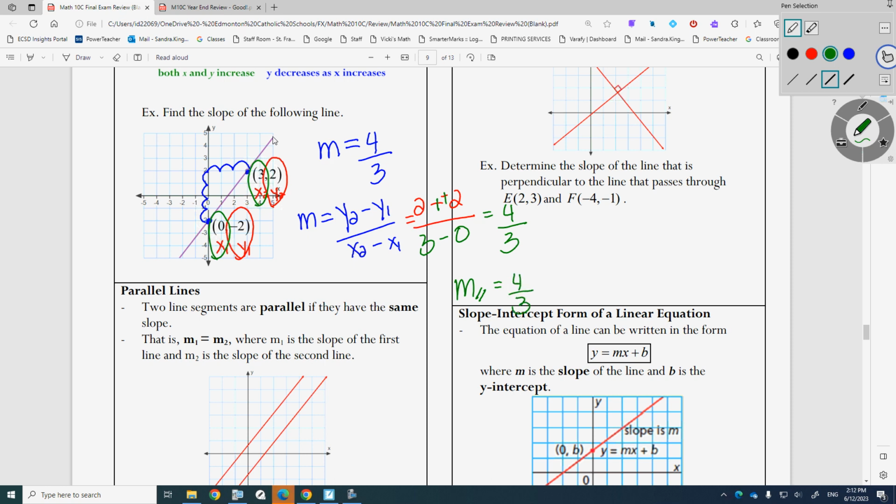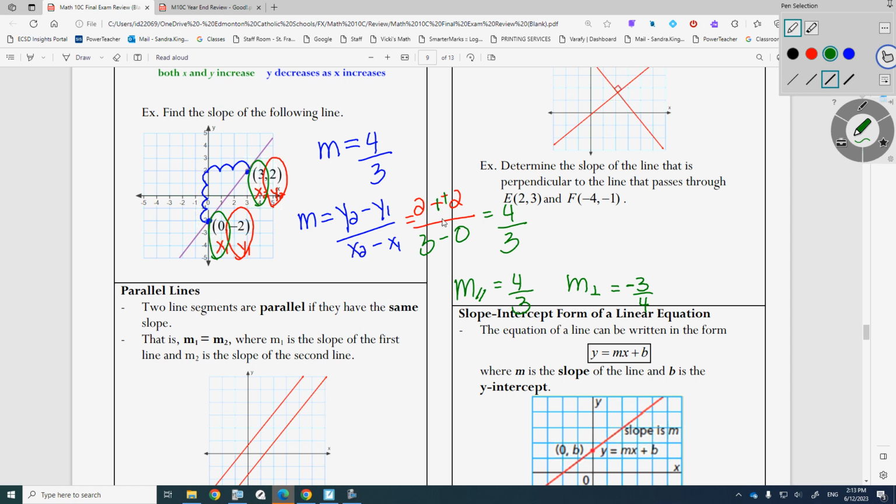If I want you to draw a line that's perpendicular, so there's your symbol for perpendicular, to this line, what would the slope of that line be? Negative 3 over 4. You would flip this, the reciprocal, and then if this one's positive, remember they were called negative inverses of one another, this guy would be negative. Okay?